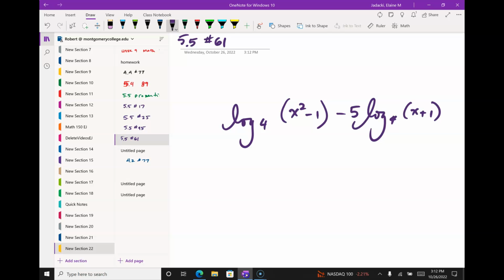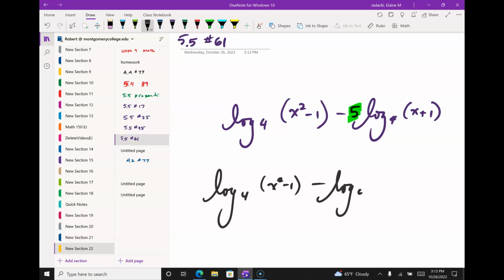So first of all, I have to do my properties in inverse order. I don't want to combine this yet because I want just 2 log functions before I can combine them. So I want to move that 5. Where can I move this 5? It becomes what?